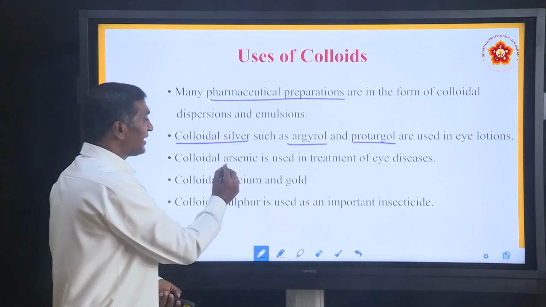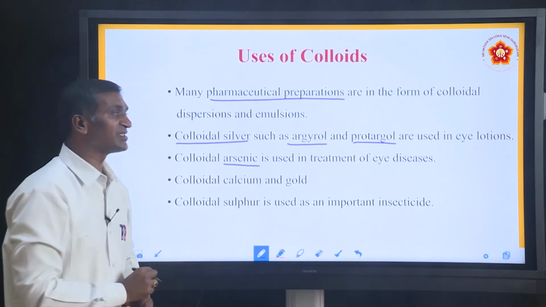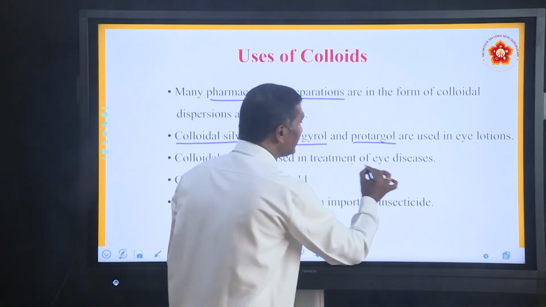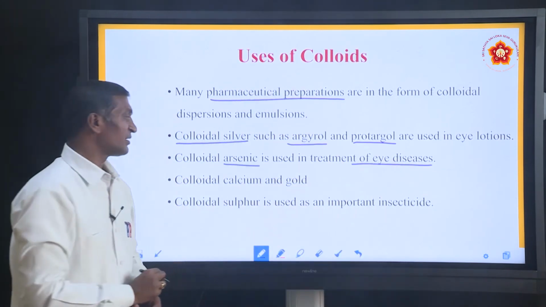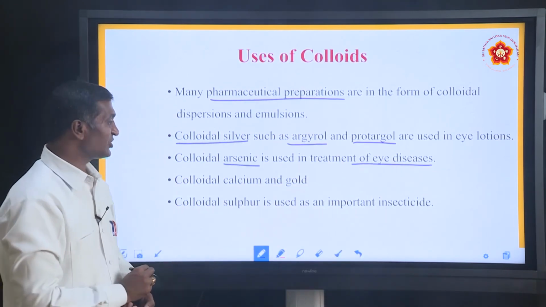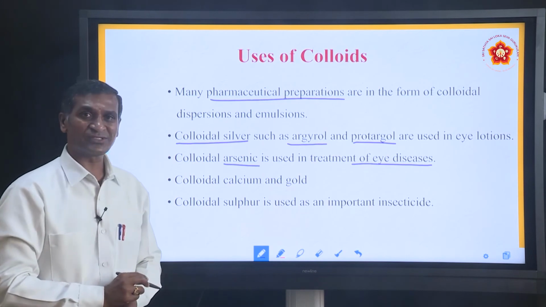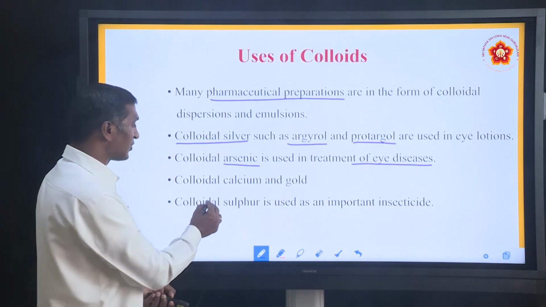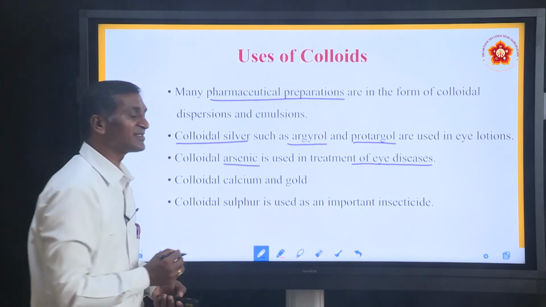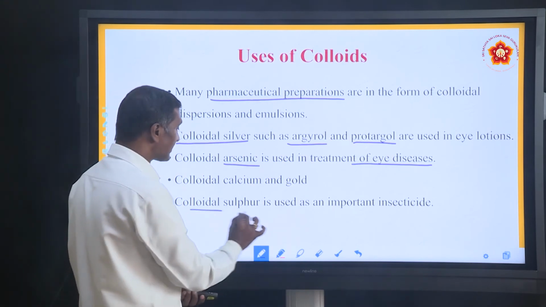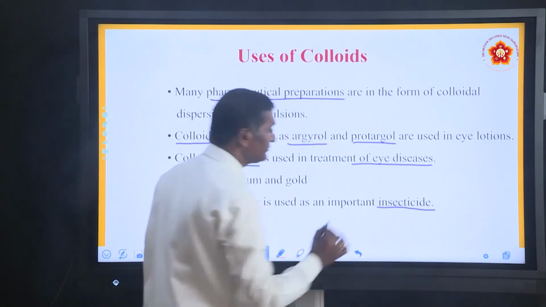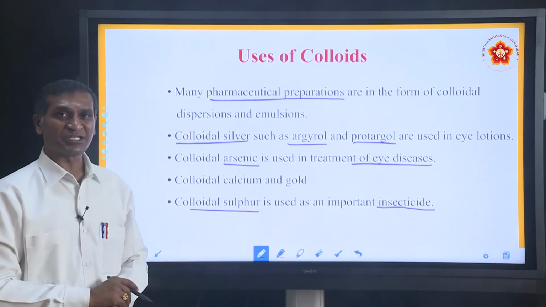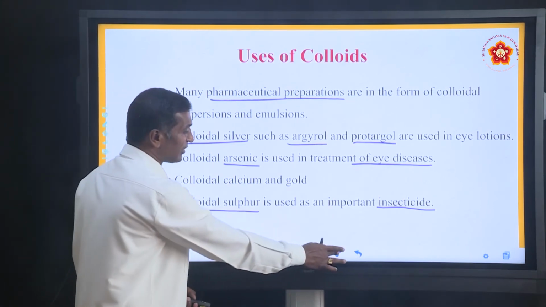Colloidal arsenic is used in the treatment of eye disease. Colloidal calcium and gold are also used. Colloidal sulfur is used as an important insecticide. These are the uses of colloids.